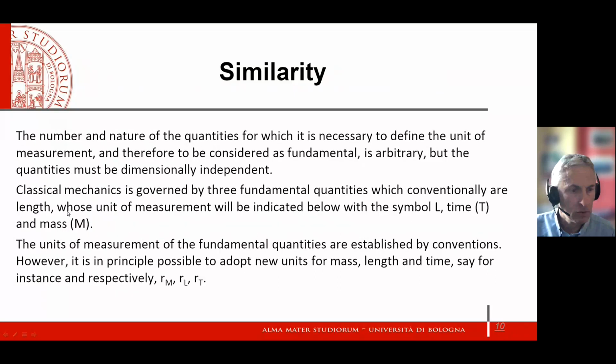Okay, so the number and the nature of the quantities for which we need to define the measurement, and therefore they are the fundamental quantities, is arbitrary. But these quantities must be dimensionally independent. What does it mean, dimensionally independent? It means that their units cannot be derived from the units of the other fundamental quantities.